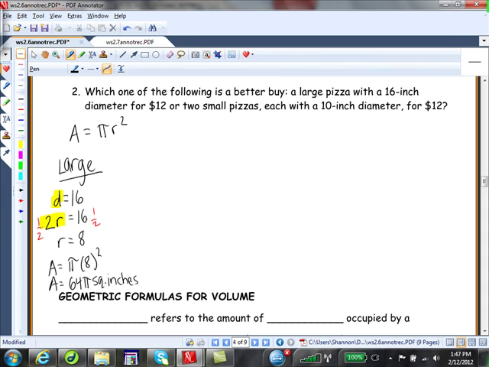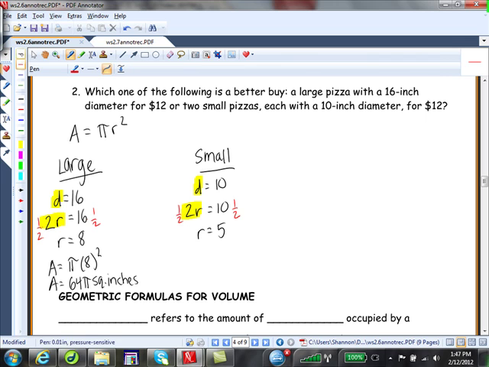Now, the small. For one small pizza, they had a 10-inch diameter. So the diameter is 10. Remember, diameter is the same as 2 r's. So again, r will be 5, using that relationship and then multiplying by a half on both sides.